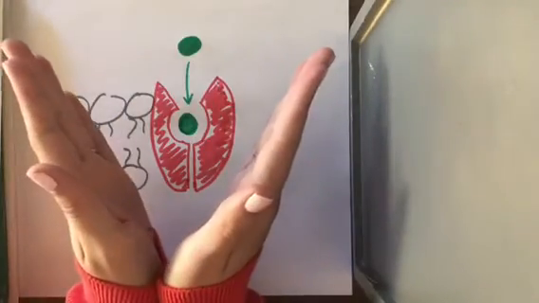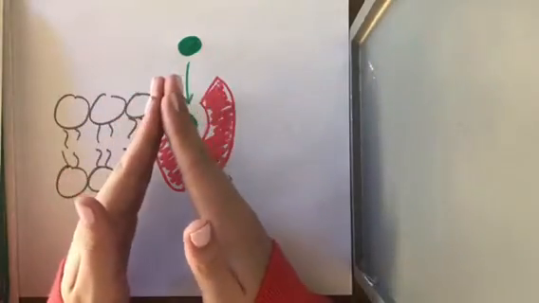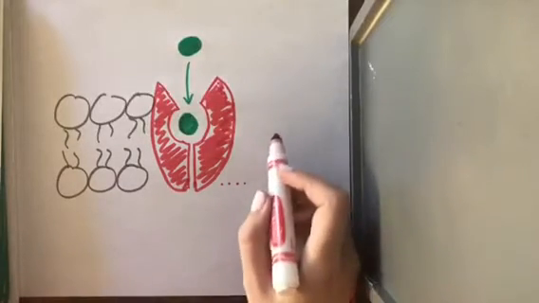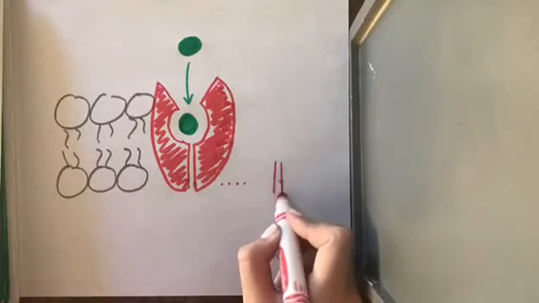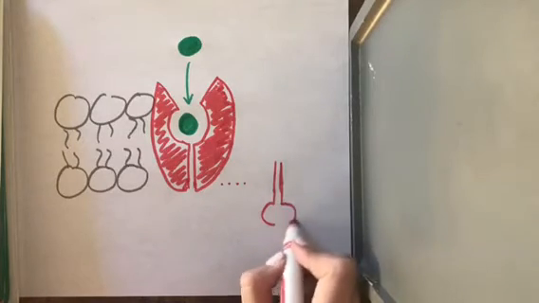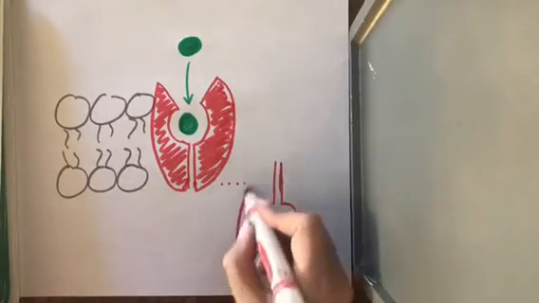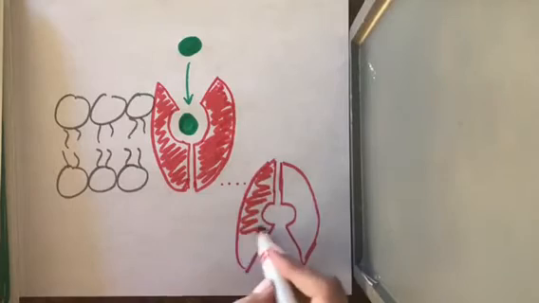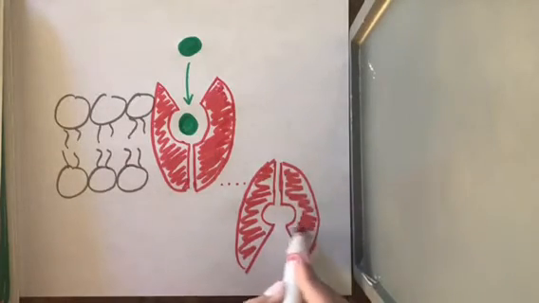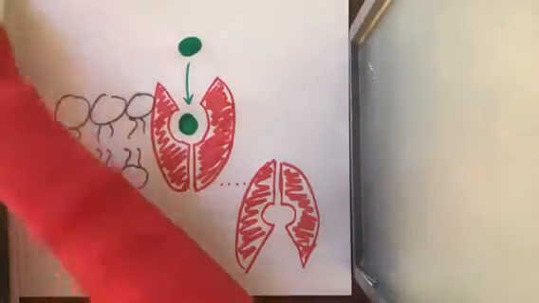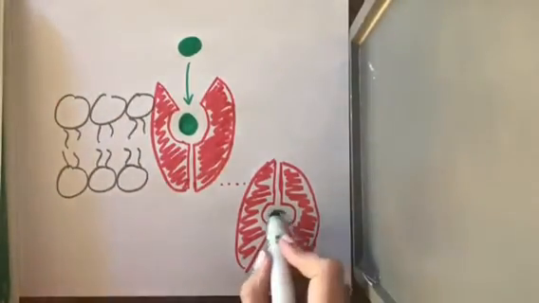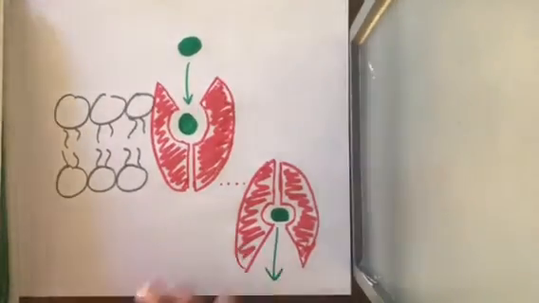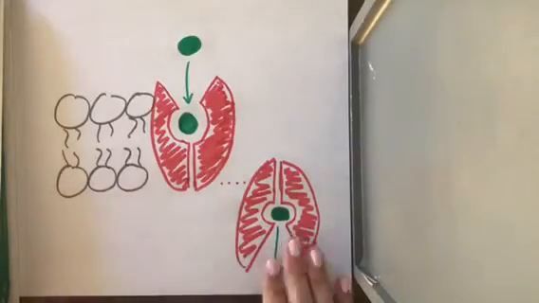So right now the top's open, but if we close the top, it's going to open the bottom. Later on down the line, it's going to look like this. And once it opens up the bottom, you can see that molecule that was stuck in there can now get out.